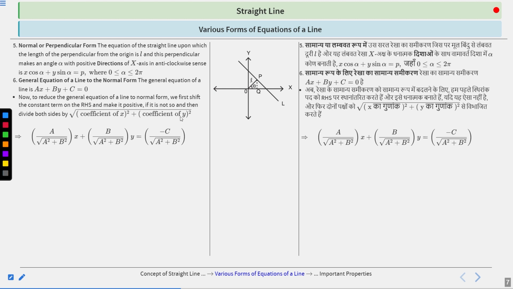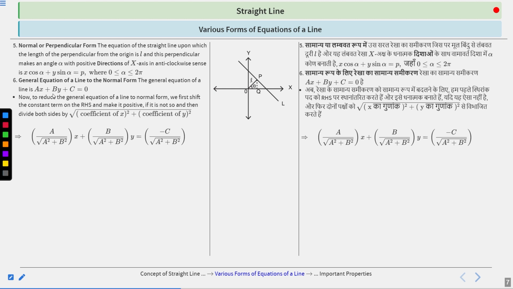If it is not so, then divide both sides by root over coefficient of x square plus coefficient of y square. You can see this, we can represent the given general equation of a line as what we have done. We keep the c on the right hand side and divide both sides by root over coefficient of x square plus coefficient of y square.